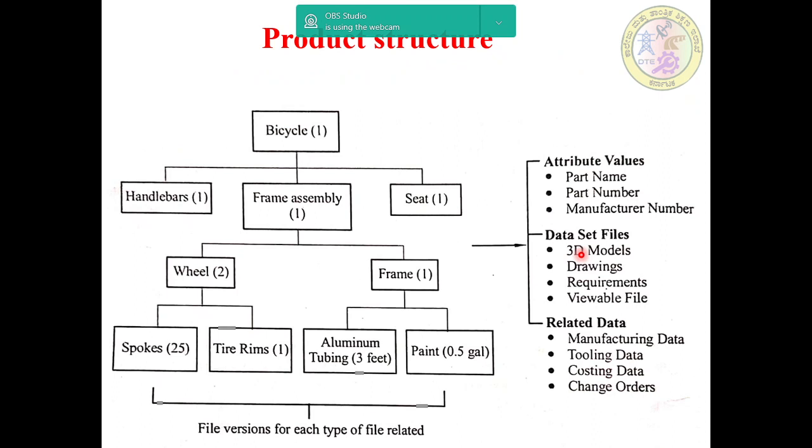Now coming to product structure. In product lifecycle management, PLM, product structure describes the main parts or components, subcomponents, assemblies, and document forms in a hierarchical way.